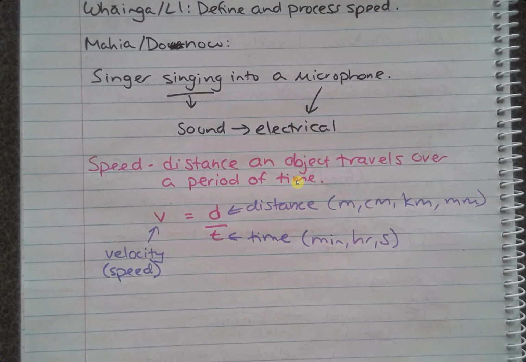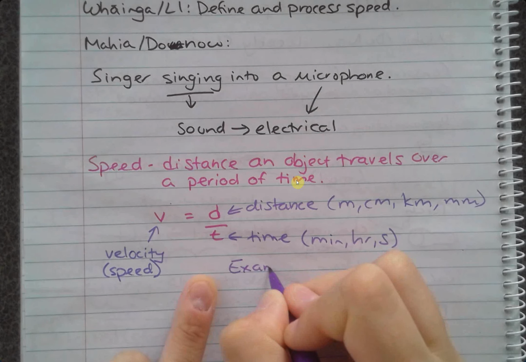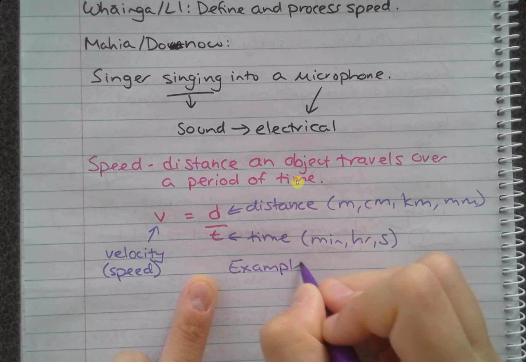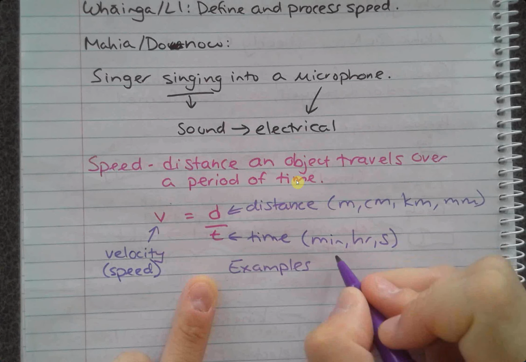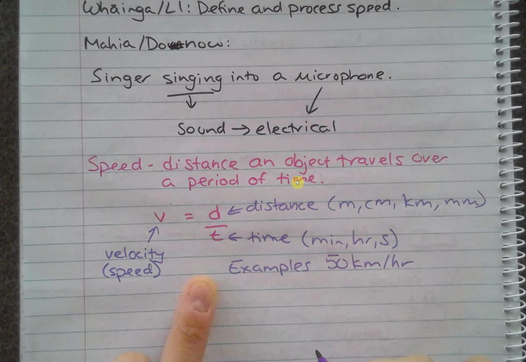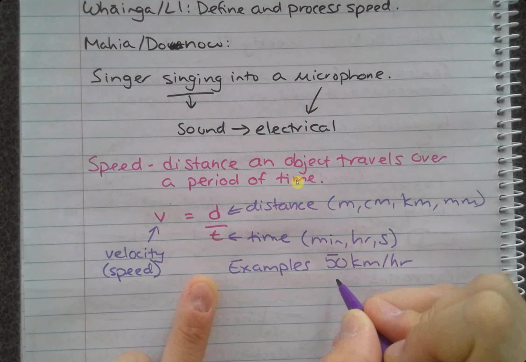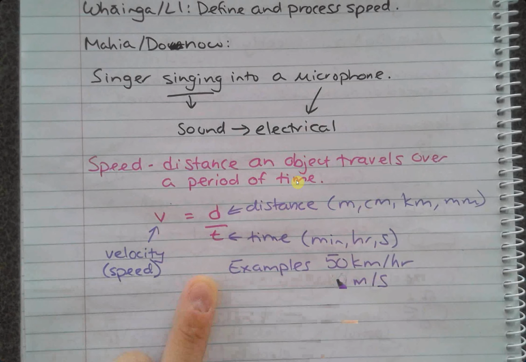So let's think of some examples. Some examples of using speed or velocity would be, say, 50 kilometers per hour, or if I said 10 meters per second.